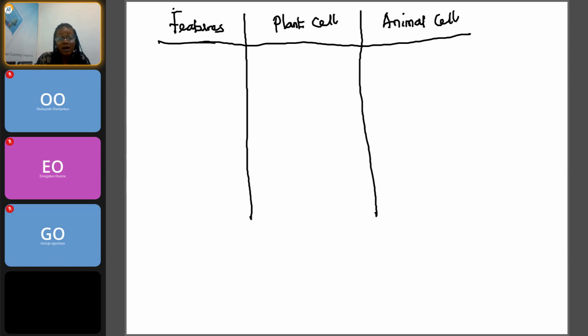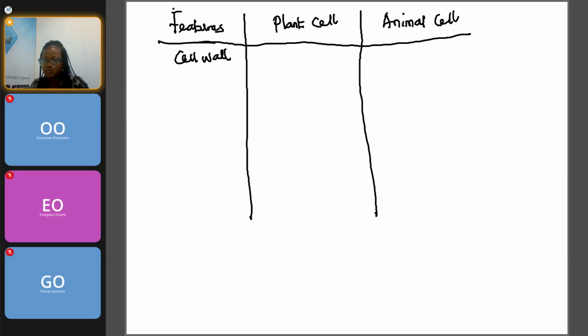Okay, so we have the cell wall, right? That's the feature. So if you can tell me, is this cell wall present in both plant and animal cell, or is it present only in plant cell? I want to see an answer at the chat box, please.